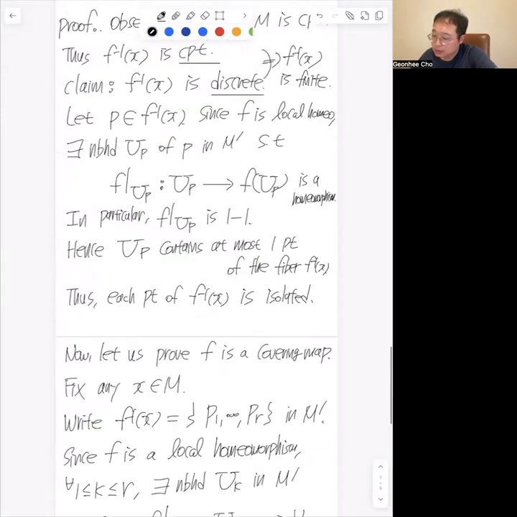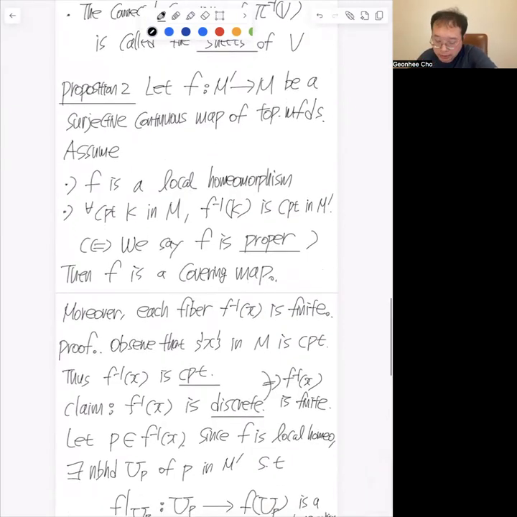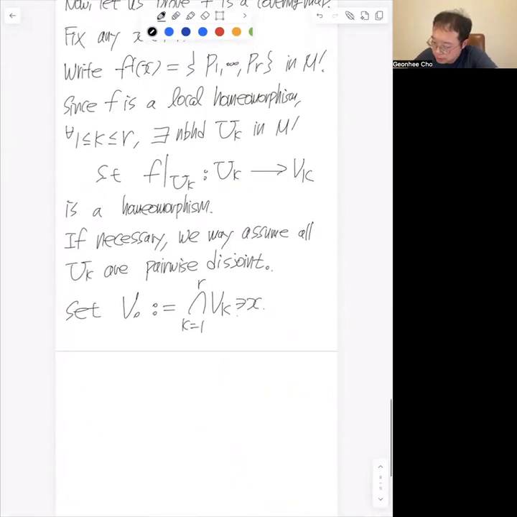Now let's use the assumption on a topological manifold. A topological manifold must be locally compact Hausdorff.